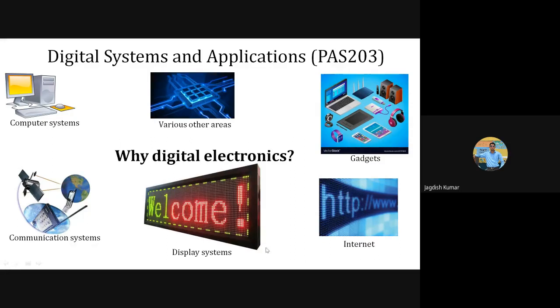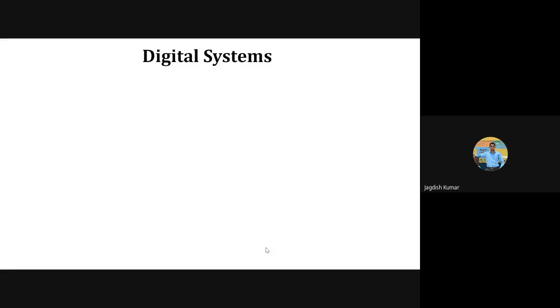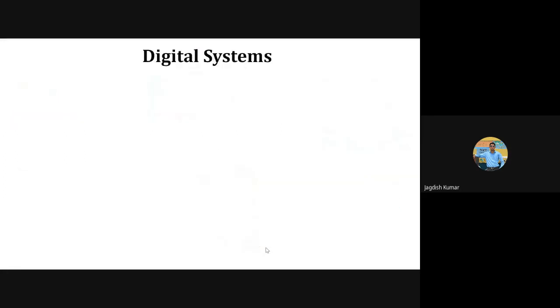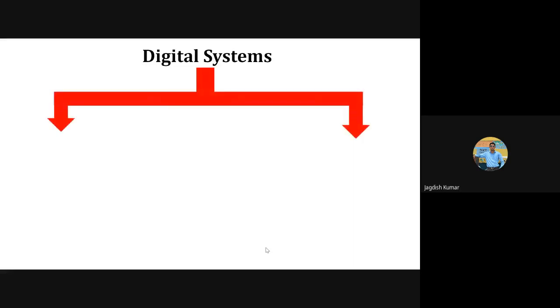So anyhow, this is more than sufficient to give you a motivation for the study of digital electronics. So this is a very open sea. There are a lot of things which actually can be done with the help of digital electronics, and the coming era is going to be the era of digital systems. So that is why understanding digital systems is very important.